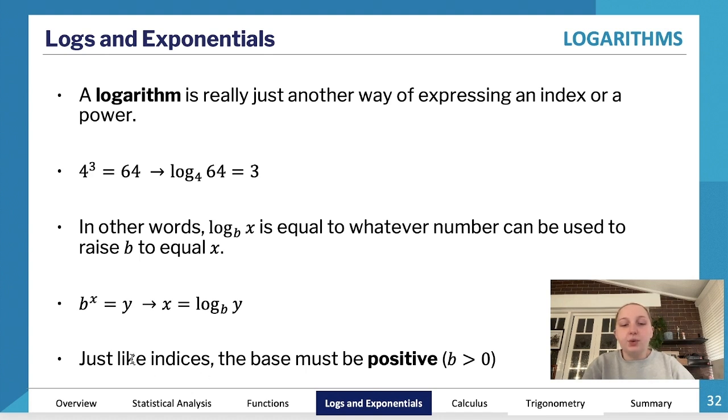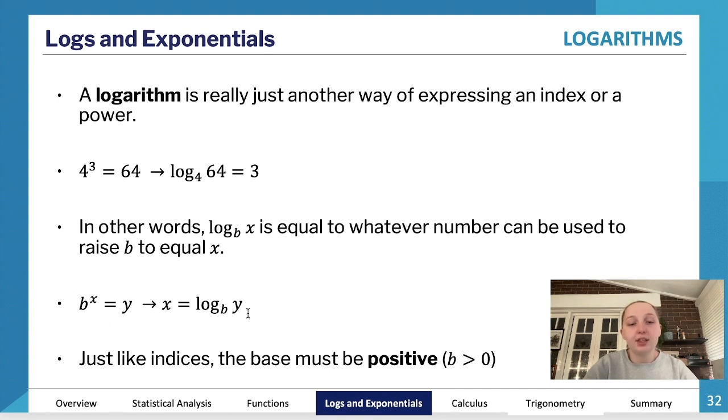And just like when you've got your indices, the base must be positive, so your b will always be greater than 0. If you ever are trying to work out a question and you all of a sudden get a negative base, you have done something wrong and you must go back and check where things went wrong. So yeah, this is just the main takeaway from this slide.